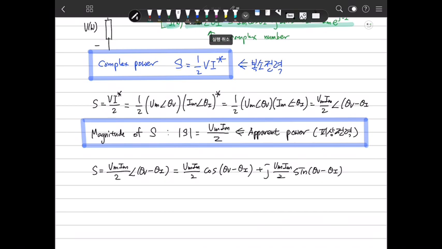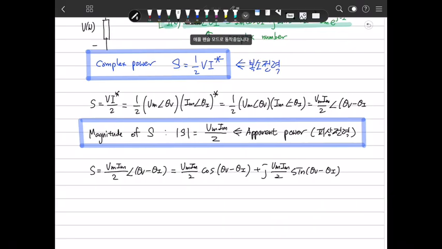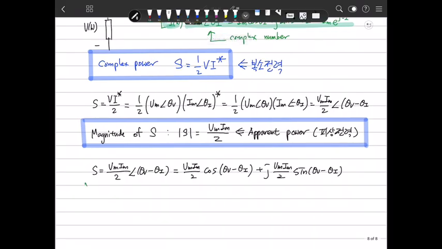Because the voltage and current phasors are complex, the complex power is also a complex number.